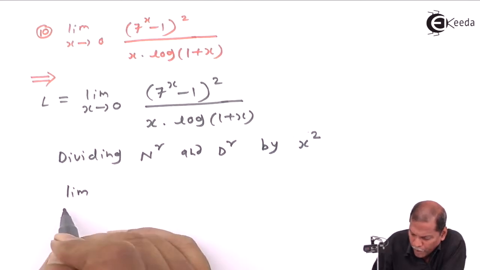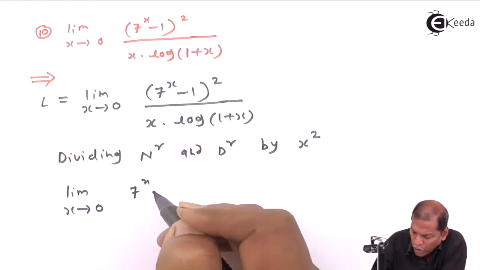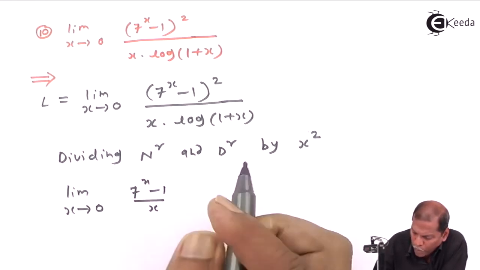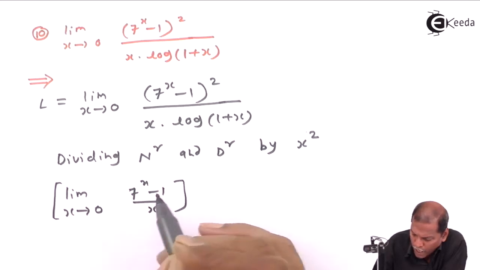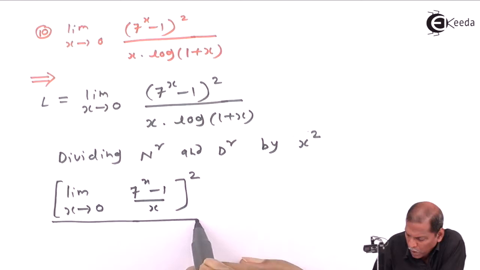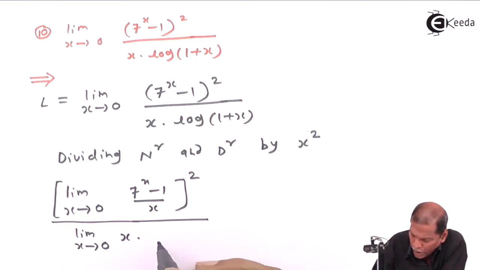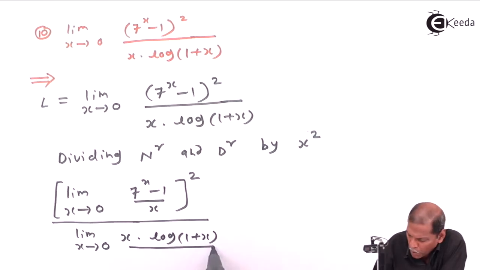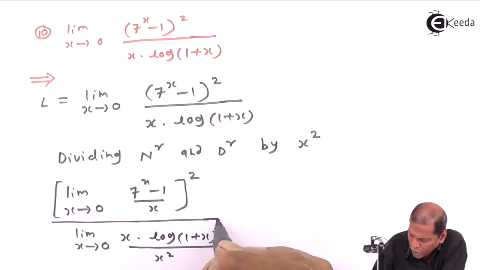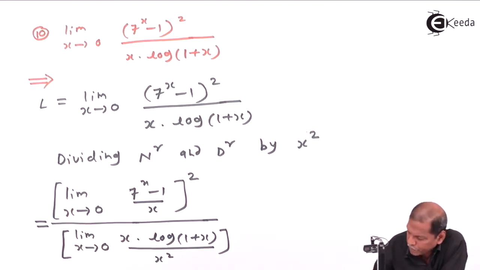So the next step will be: limit as x tends to 0 of ((7^x minus 1) upon x) whole bracket squared in the numerator, then totally divided by limit as x tends to 0 of x into log of (1 plus x), whole thing divided by x squared, in the denominator.